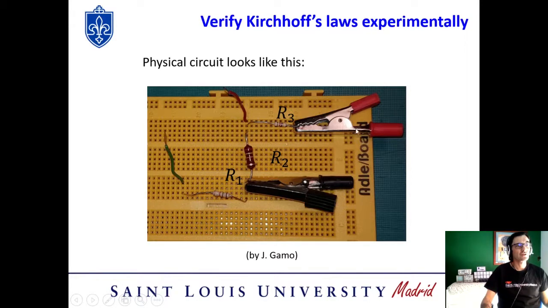We usually use red for positive, black for negative. Here we have another cable for red, and this, instead of black, is green, it doesn't matter, for the negative terminal of this battery.